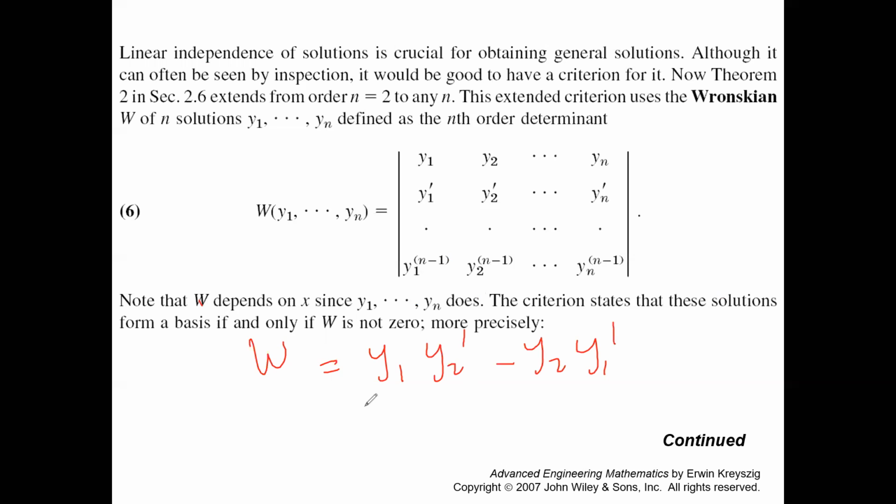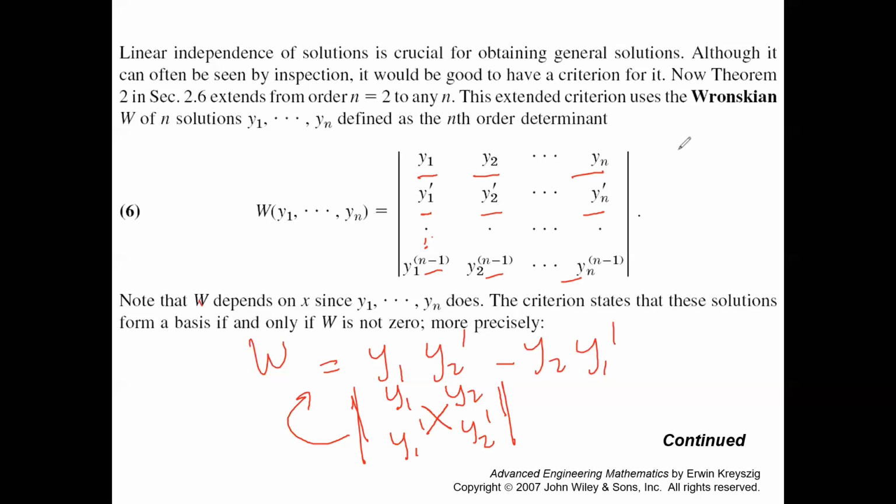That is actually for Y1, Y2, and then you have Y1 accent, Y2 accent over here. And this is actually a determinant of this. So if you take a look, Y1 Y2 accent minus Y2 Y1 accent is actually the determinant of this. So if you have higher order, you're going to have Y1, Y2 until Yn, and Y1 accent, Y2 accent until Yn accent, and so on.